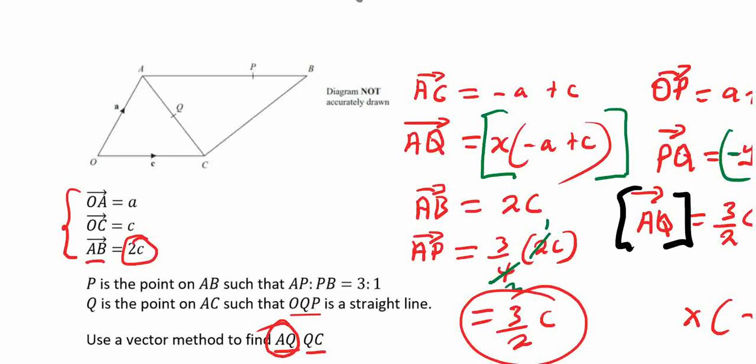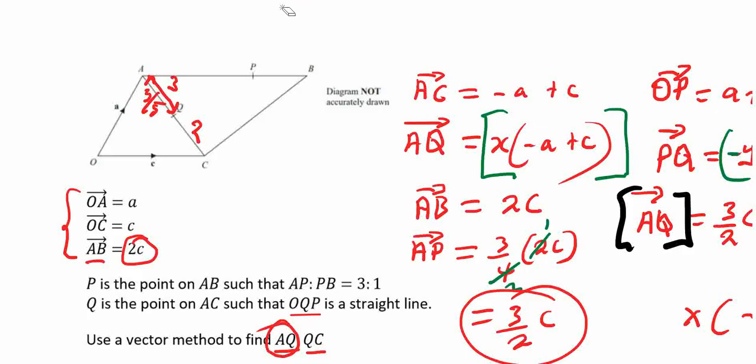So that means if we have this part to be 3 over 5, that simply means that the distance from here to this point, the ratio, this will be 3 and this will be 2, because the sum of the ratio between AQ and QC is 5, because you already have a denominator of 5.